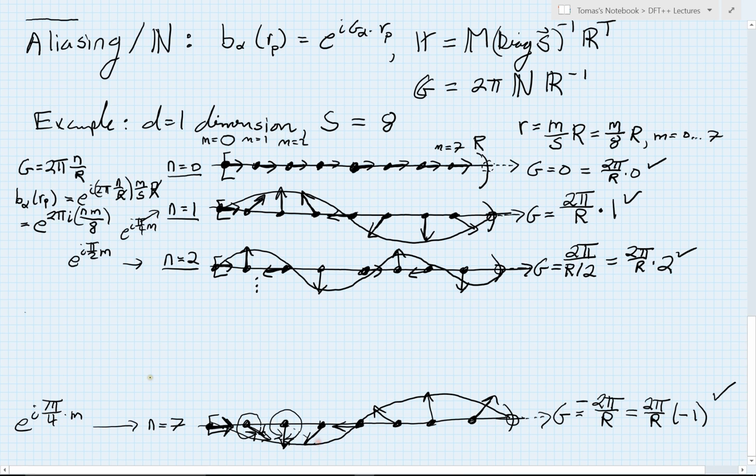So let's try n equals 6. So for n equals 6, this will be e to the I, okay, so I'll have 6 times 2 is 12 pi on 8, right? Which would be 3 pi on 2, 3 pi on 2 times m.